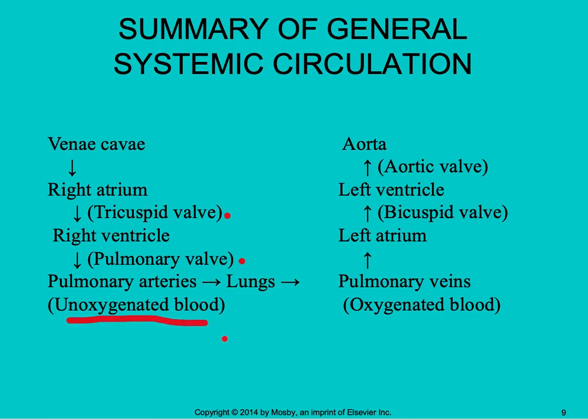And then when it gets oxygenated, the oxygenated blood goes through the pulmonary veins into the left atrium, through the bicuspid valve to the left ventricle, through the aortic valve to the aorta, okay? And then through the rest of the body, carrying the oxygenated blood that you need.